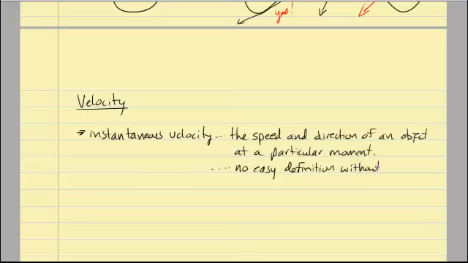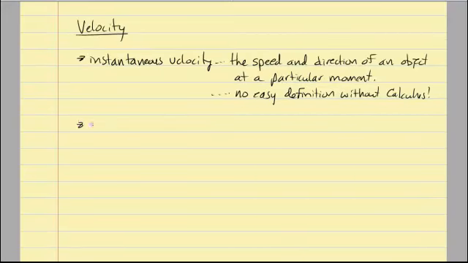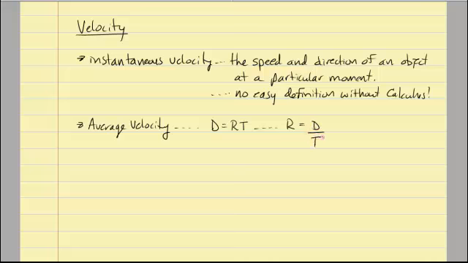We can start to develop the concept of instantaneous velocity, though, with a concept called average velocity. Now for average velocity, what we can do is kind of follow off of that formula, distance equals rate times time, and if we solve for rate, I get rate is equal to distance over time.